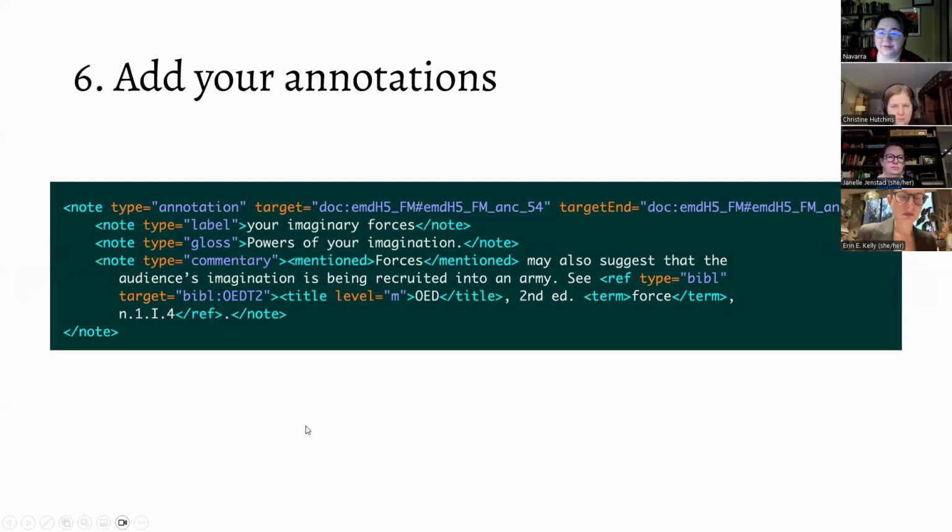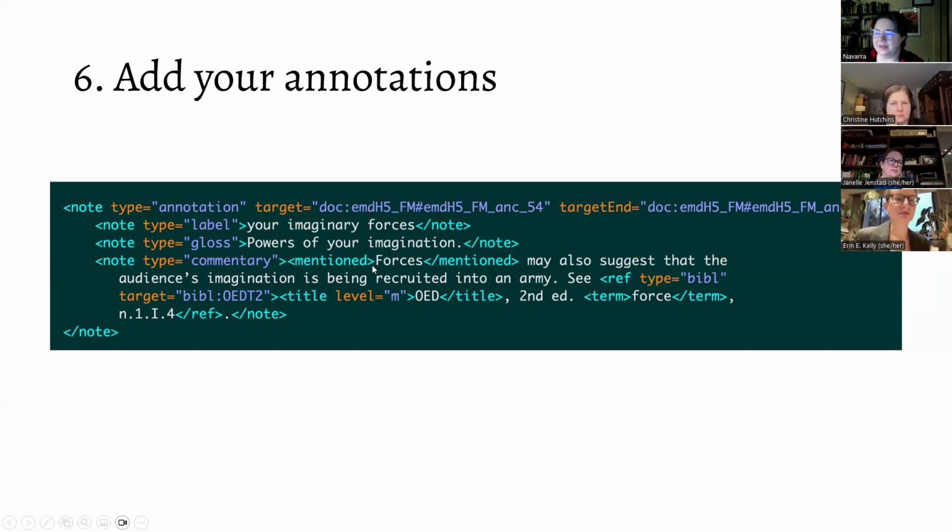And then the final step to doing your annotations is, of course, to add your annotations. Each one, again, requires that note element. So here we've got "powers of your imagination." That's a gloss for "your imaginary forces." And so it has a type of gloss.